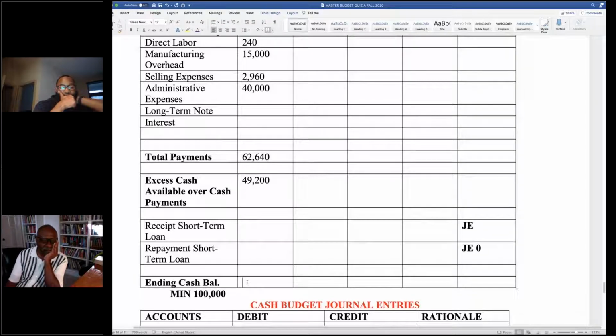Who's putting it in? So if we need 100,000 and we only got 49,200, what do we have to borrow? 50,800. Put the 50,800 in the box. Sandra, you can put it in.